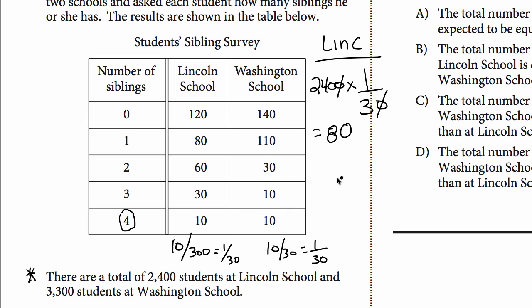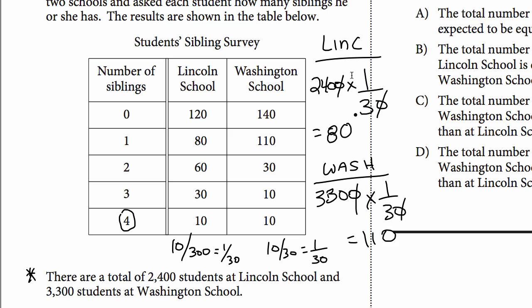So now we go to Washington School. I'll write it here, Washington. So Washington School, we've got 3,300 kids times 1/30, and what is that, 110? So now you see that there's a difference in how many people with 4 siblings you would expect, because you're taking 1/30 of the entire school.